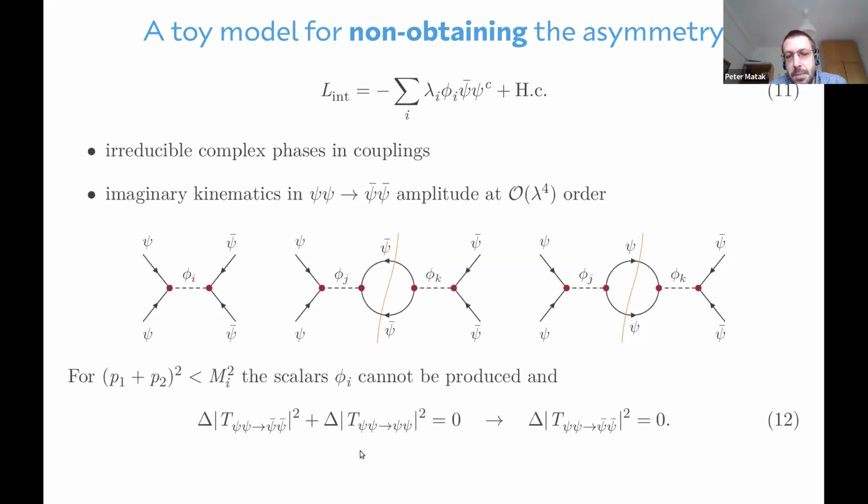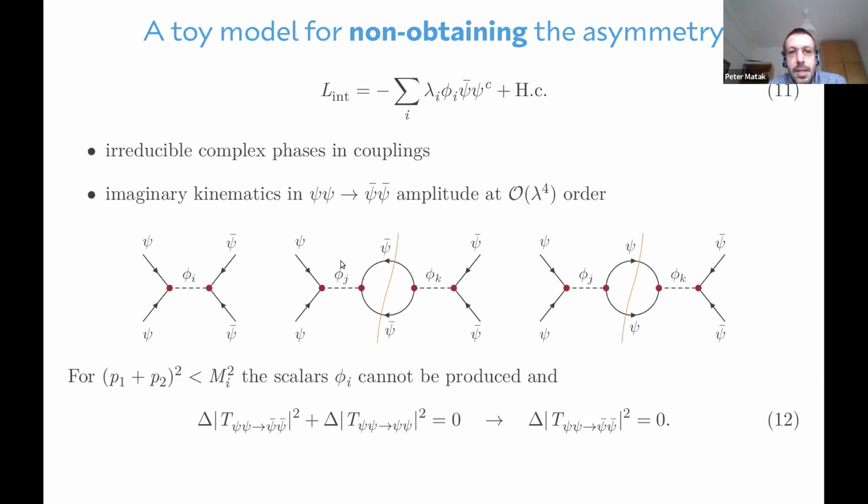One is psi bar, and the second one is psi. We assume that the energy is not large enough to produce this on-shell phi. And in that case, of course, the elastic scattering must, from CPT symmetry, come with 0 asymmetry. So this psi to psi bar is 0 as well.